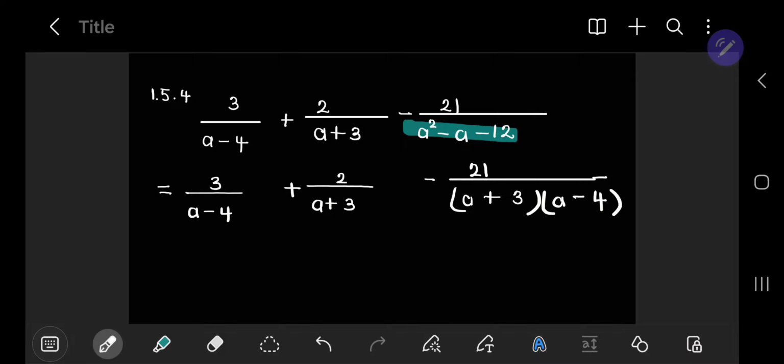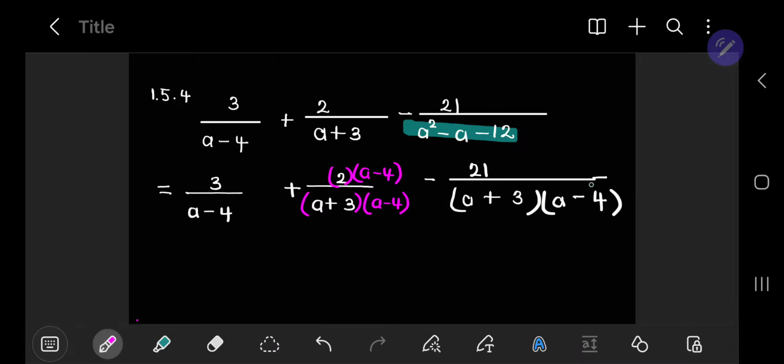Now here's the thing. Once we've factorized, we need to make sure that all the denominators are the same. So we notice that the first fraction has a minus 4 in the denominator. The second fraction does not. So to make sure that we have a minus 4, we're going to multiply the bottom and the top of the equation by a minus 4.